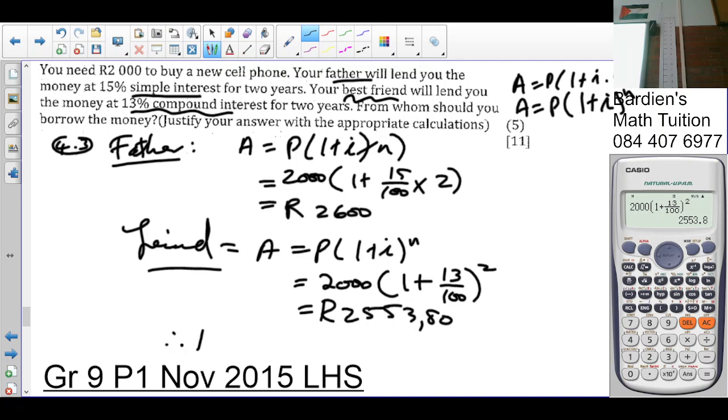Therefore, the best friend. Okay. What if you had to invest your money? The father, why? Because the return is higher. Whereas if you're going to do a payment or a loan, we tend to want to pay less. Okay.